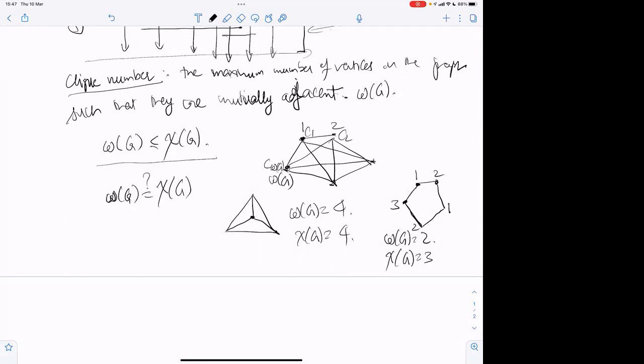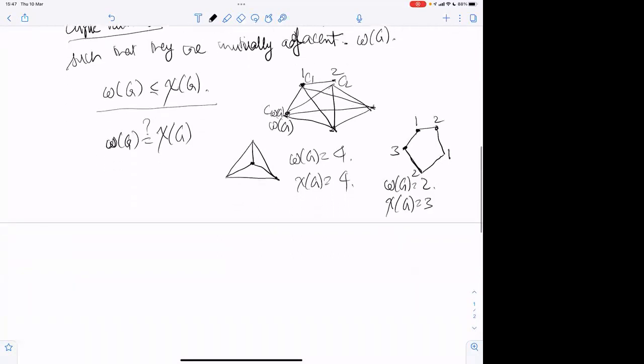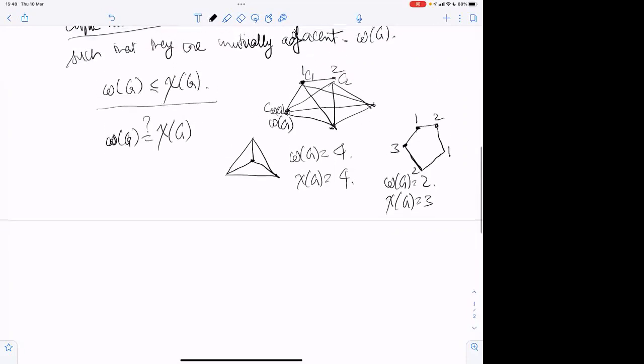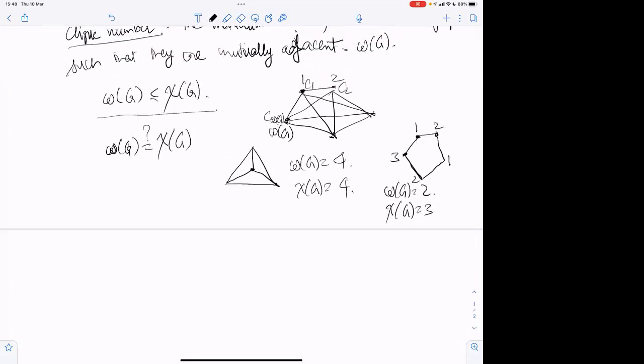Now the point is this chi of g also occurs in one of the most famous graph theoretic statements, which is that chi g is less than or equal to 4 for all planar graphs.